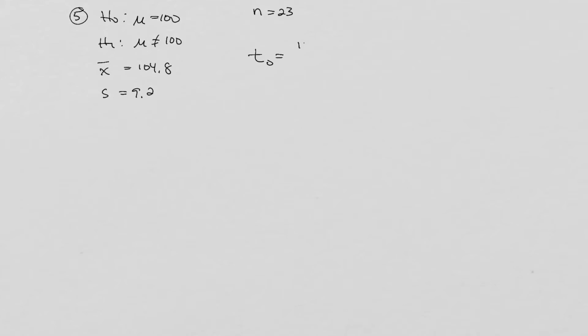So it is X bar minus the mean over S divided by the square root of your sample size, and that gives me a t-score of 2.502. Okay. In this case we're going to test it at alpha equals 0.01 level of significance. Right?